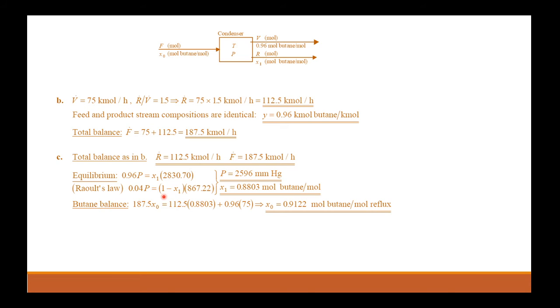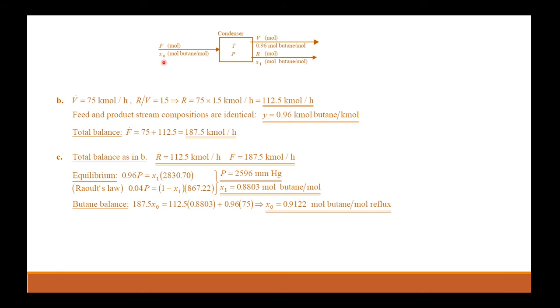Now this is actually 1 minus x1, because there are only two components. This is multiplied by the pentane's vapor pressure, which we have calculated from the Antoine equation in part A. Now you have two equations over here, and we can perform simultaneous equations to solve for P and x1.